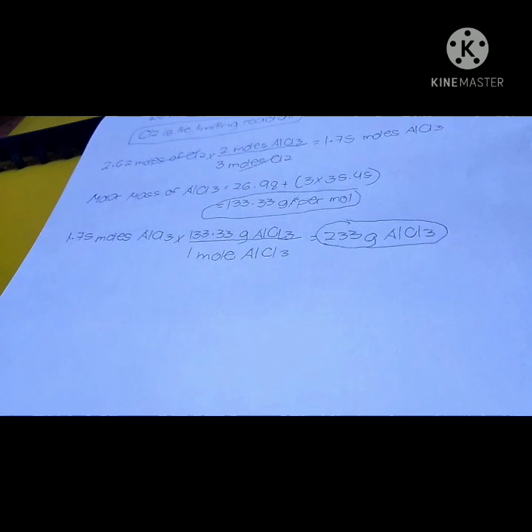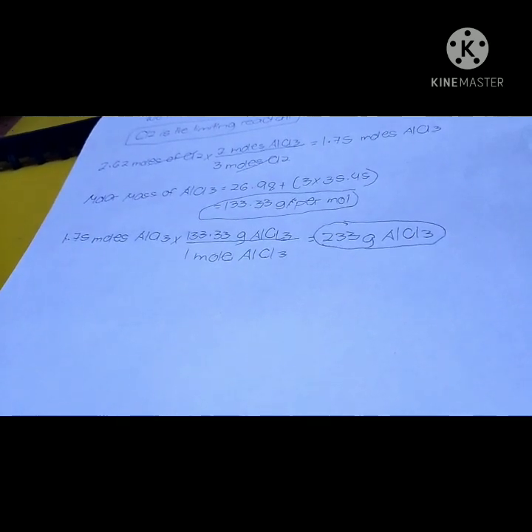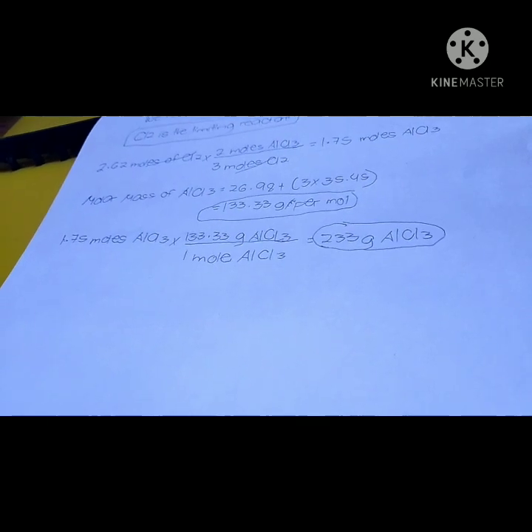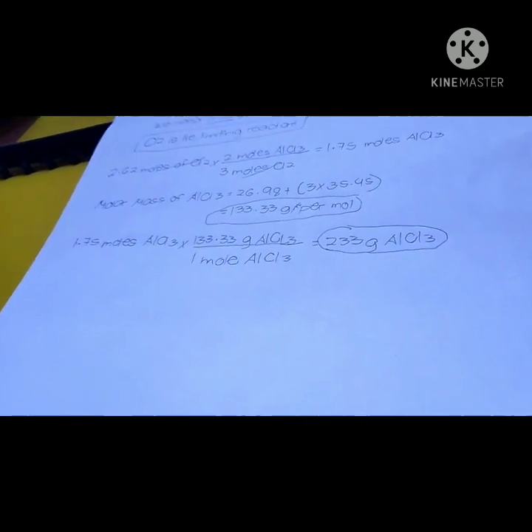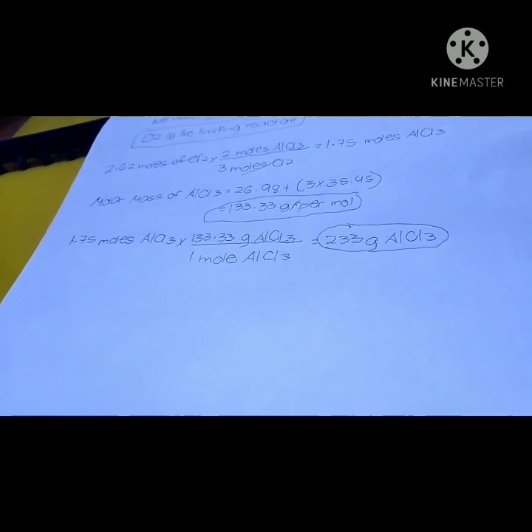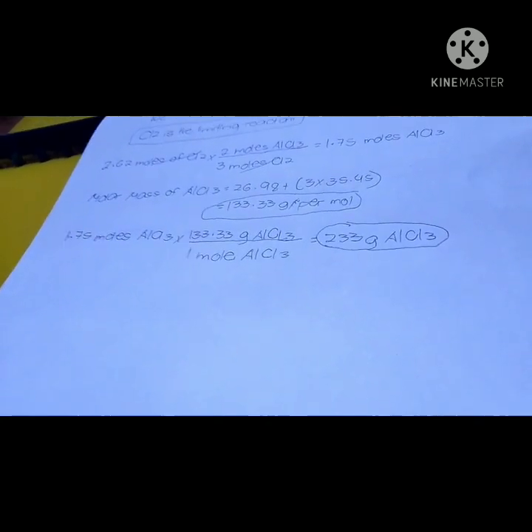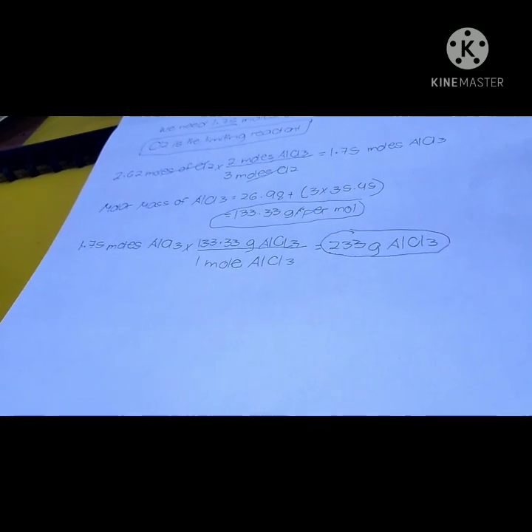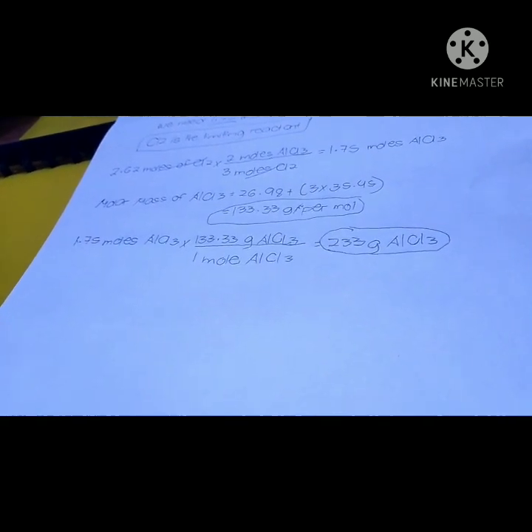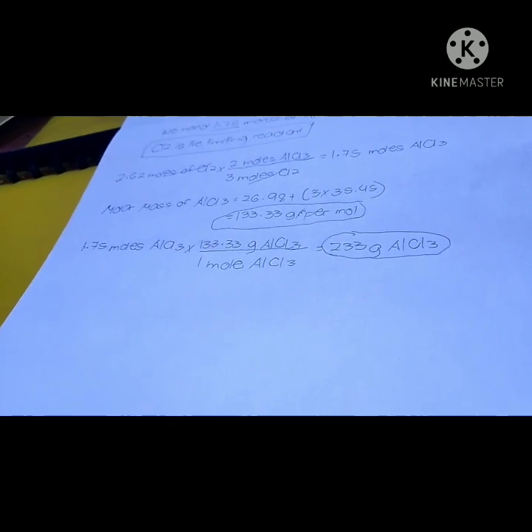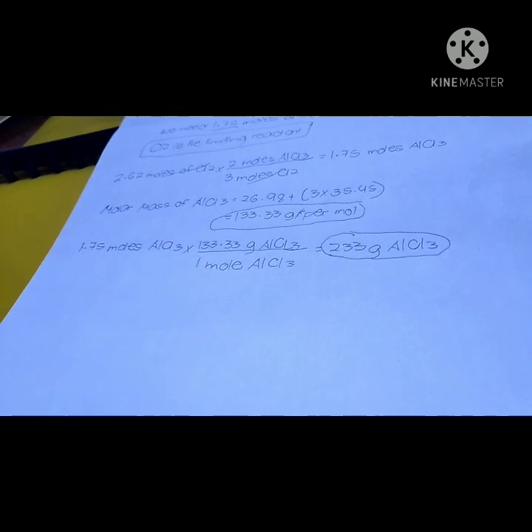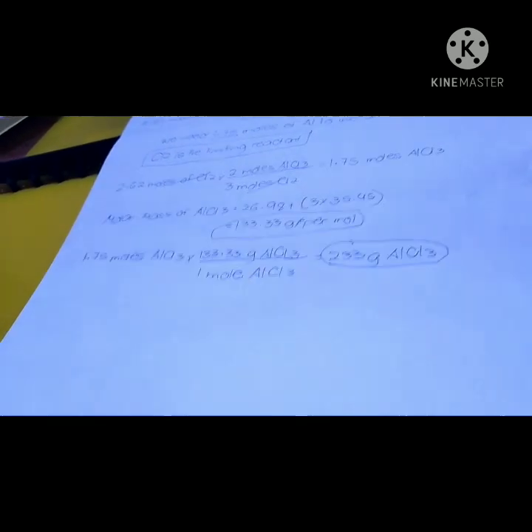Now there's one more thing that we have to figure out, and that is which reactant is in excess and how many grams of it are left over. To figure out this excess reactant, we want to go back and ask how much aluminum do we need to react with the maximum amount of chlorine. We did this calculation earlier. This is how much aluminum we need.